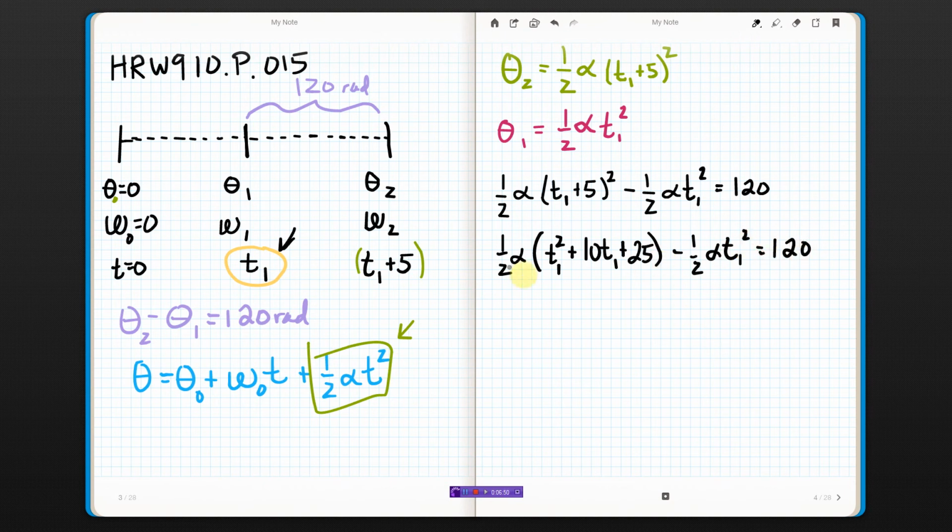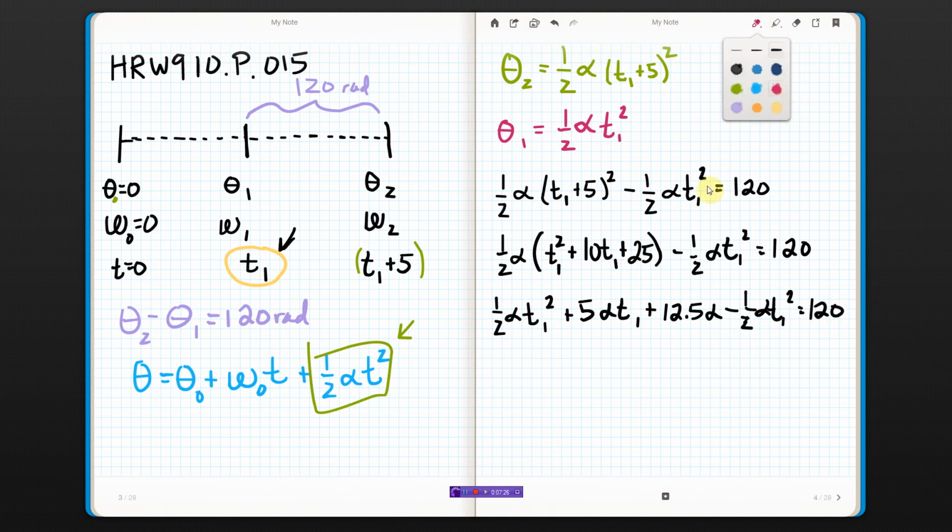Now I distribute the 1/2 alpha: 1/2 alpha t1 squared plus 5 alpha t1 plus 25 divided by 2, which is 12.5 alpha, minus 1/2 alpha t1 squared equals 120.